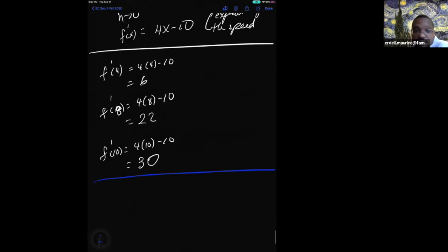All right, I got one more question for you guys. When will the truck be stationary? I have the equation for the truck, and therefore I can ask you this question. When will the truck be stationary?